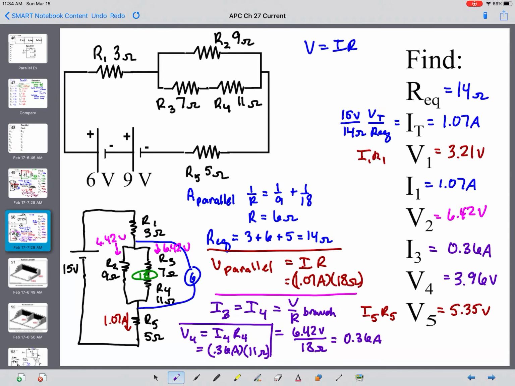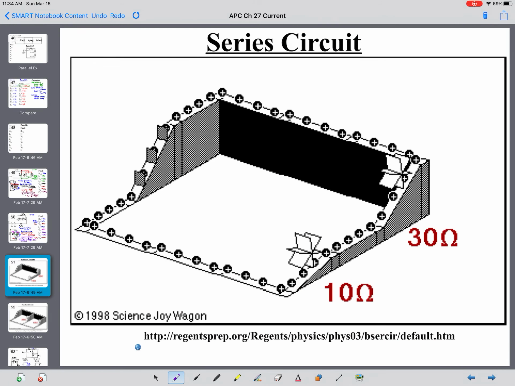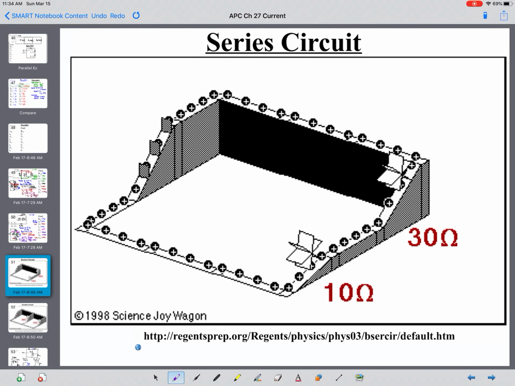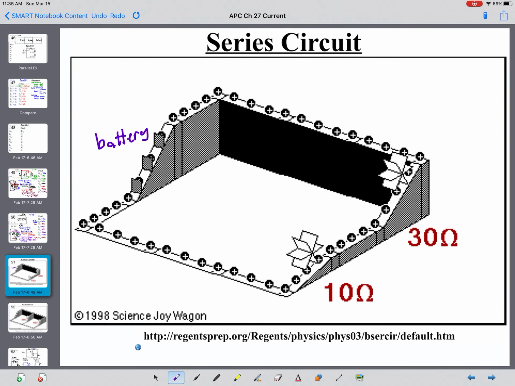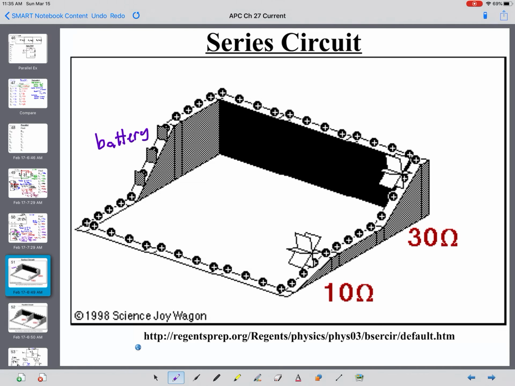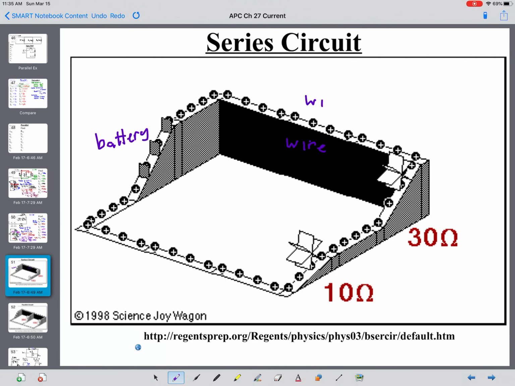Now, kind of in summary, in a simulation, a series circuit. Here we have a simulation of a series circuit whereby your battery is being represented over here, essentially like an elevator, pushing the charges. The wires then, this would be a wire, right up there so you can actually see it.